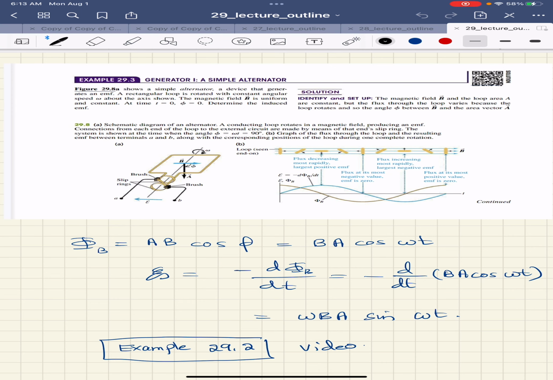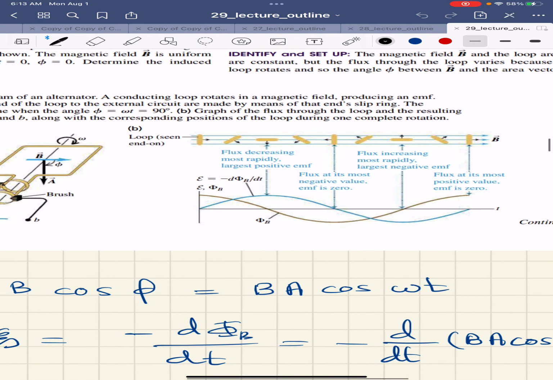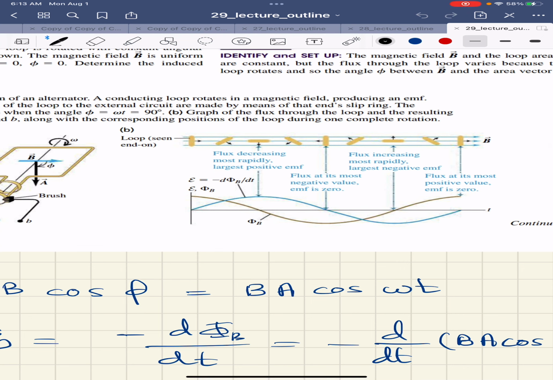Look here, this is the loop seen edge-on: here it is perpendicular, here it has an angle, then it rotates, it keeps rotating, and based on that we are plotting the flux and also the EMF.